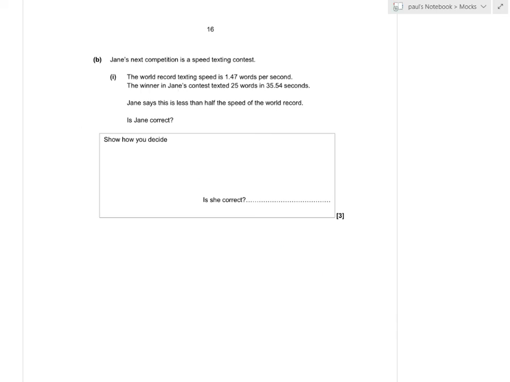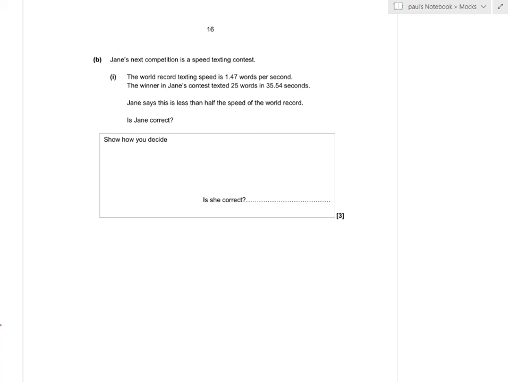The world record texting speed is 1.47 words per second. The winner in Jane's contest texted 25 words in that time. Jane says this is less than half the speed of the world record.